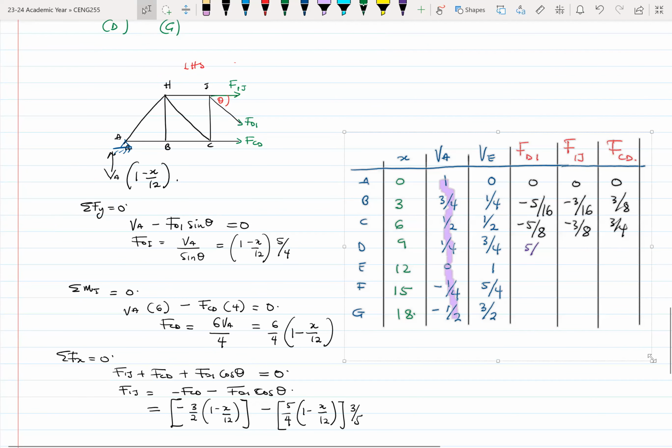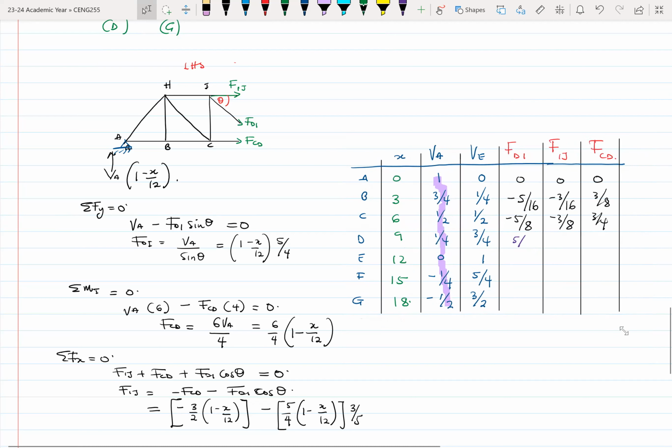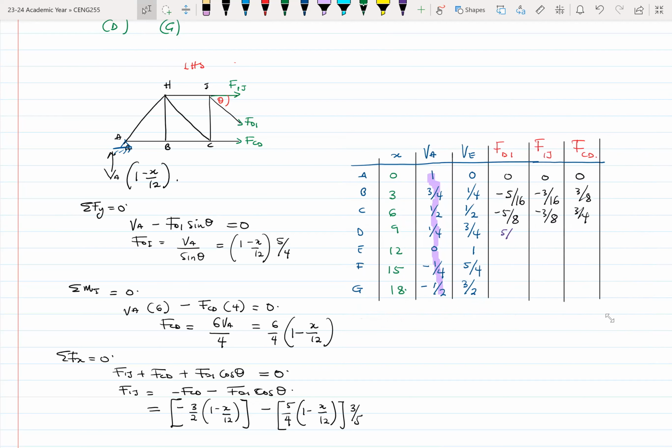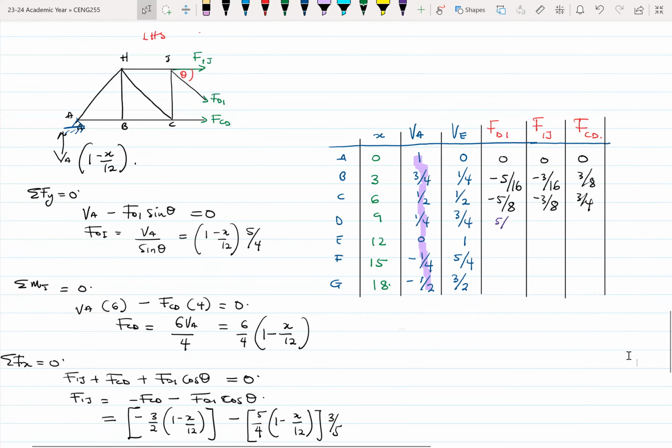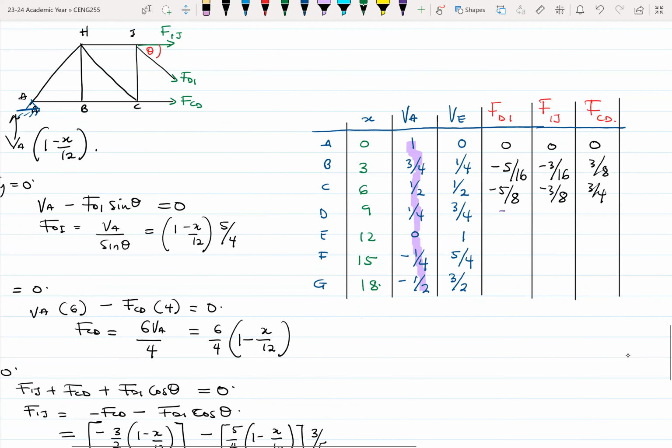Let me just make it smaller. Okay, I think this is the best I can get it to look. So at D it is 5 over 16, at E, which is 12 meters, that'll give us 0.